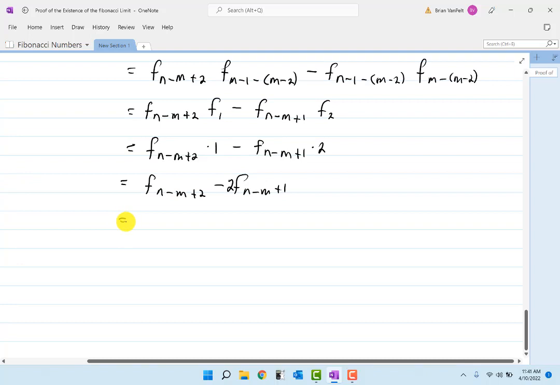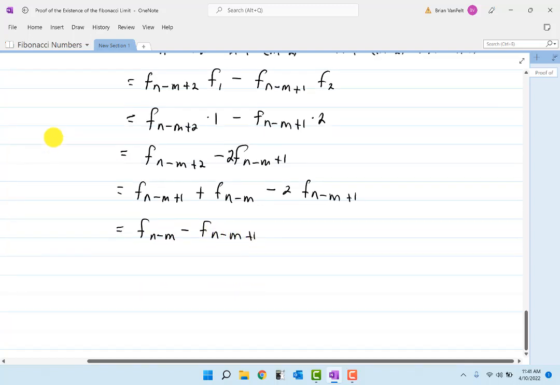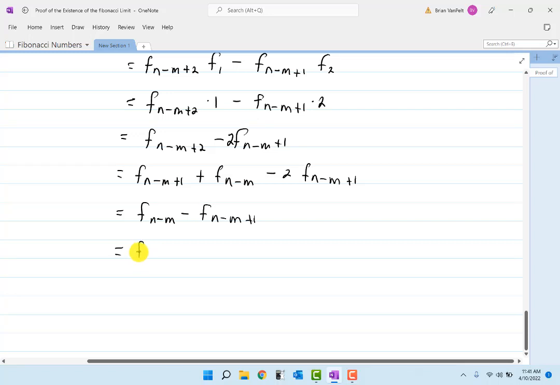So let me go ahead and expand the index: f sub n minus m plus 1 plus f sub n minus m, minus 2 f sub n minus m plus 1. So I can take out one of those, so I get f of n minus m minus f of n minus m plus 1. Now let me expand that plus 1: f of n minus m minus f of n minus m, plus f of m minus n minus 1.